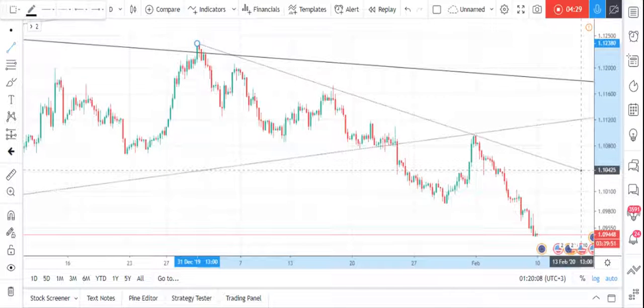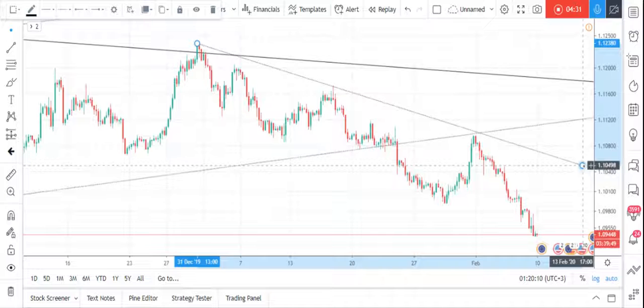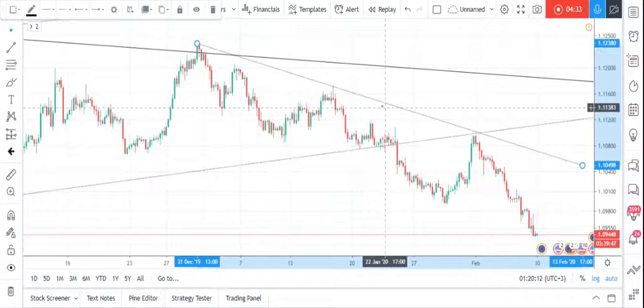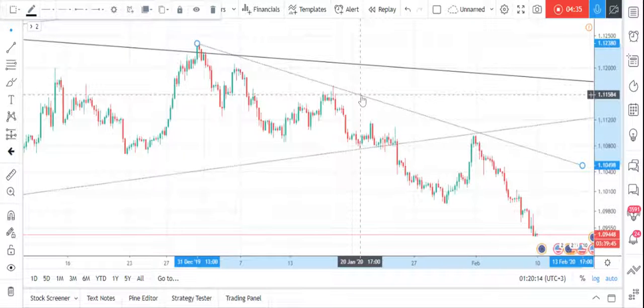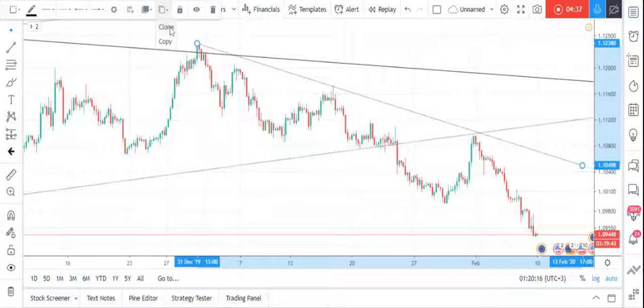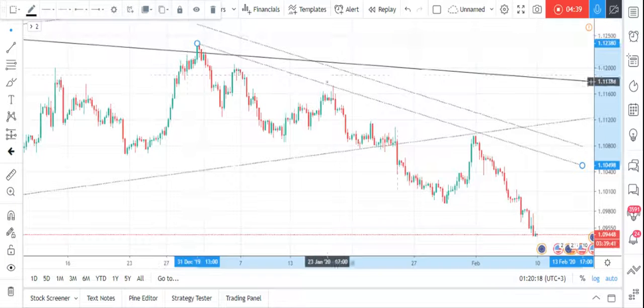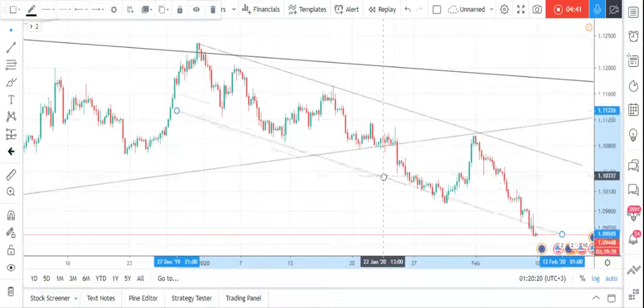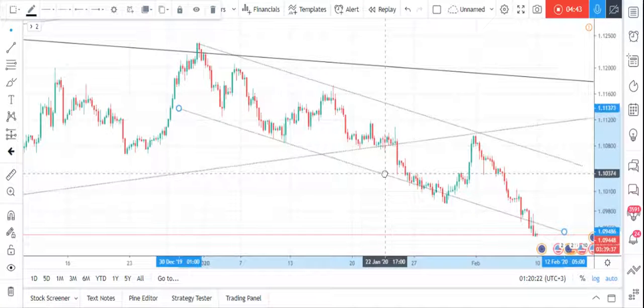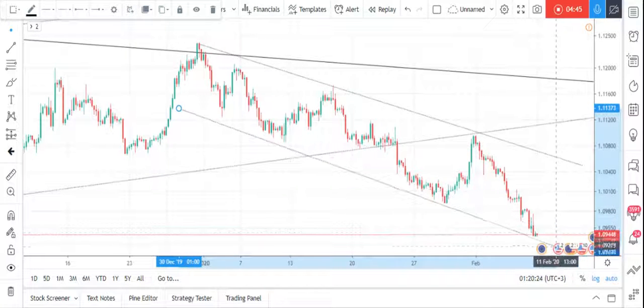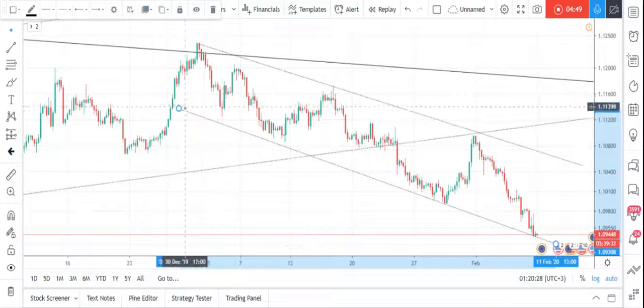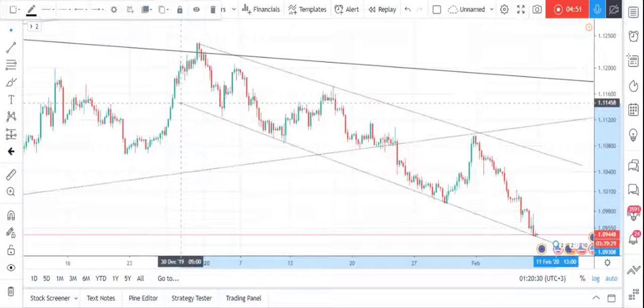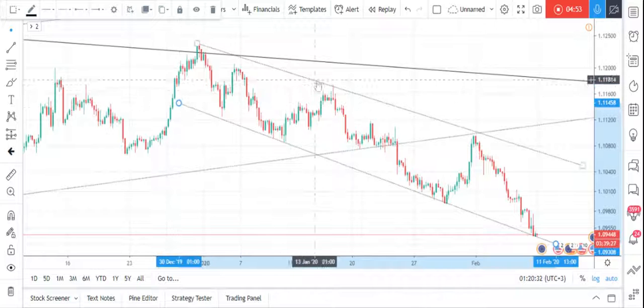So I'll be using another trend line, creating a touch at that point and cloning it again to create the support trend line. You can move it just like that and have your touches. Make sure it touches okay, like that.